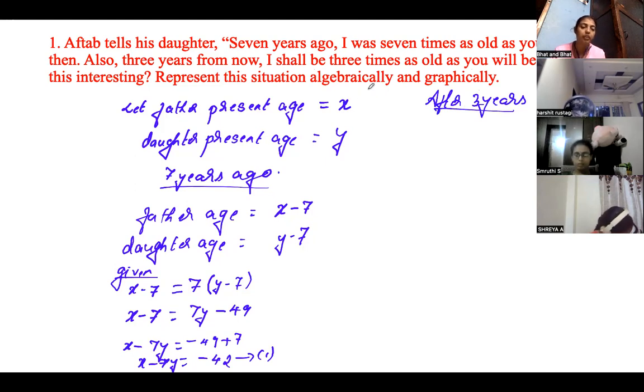With the present age, we have to consider this condition. Okay. So after 3 years, father's age will become how much? X plus 3, and daughter's age will become Y plus 3. Got it?